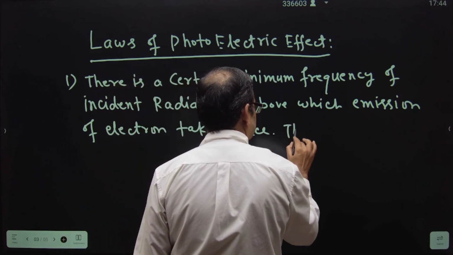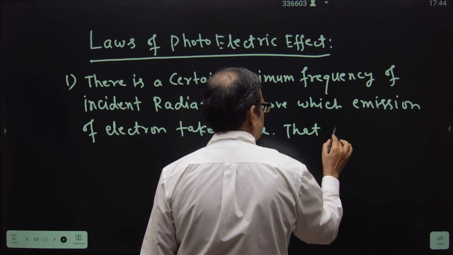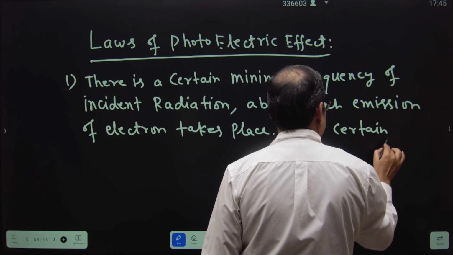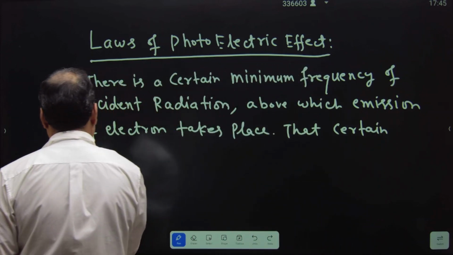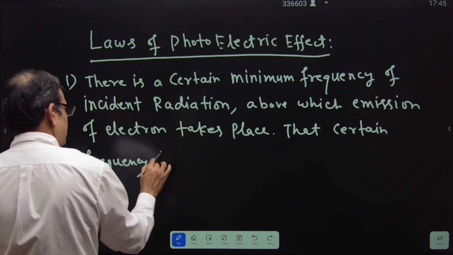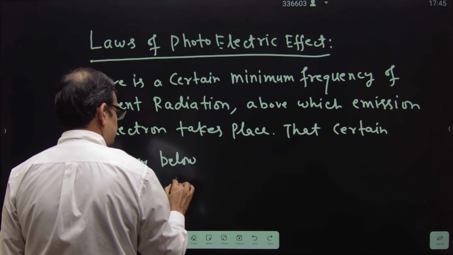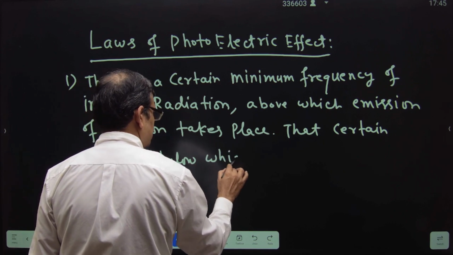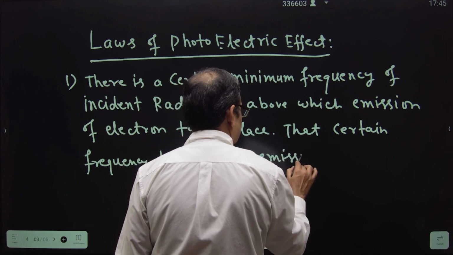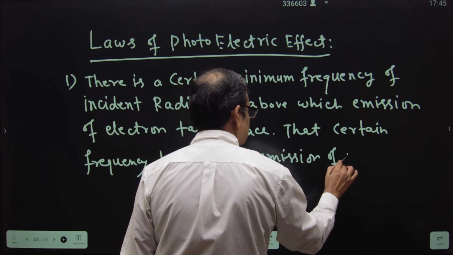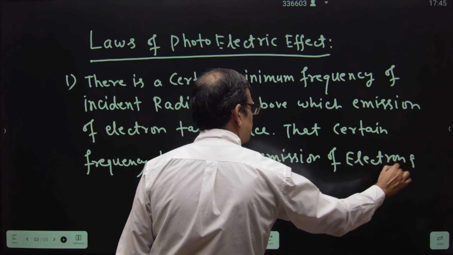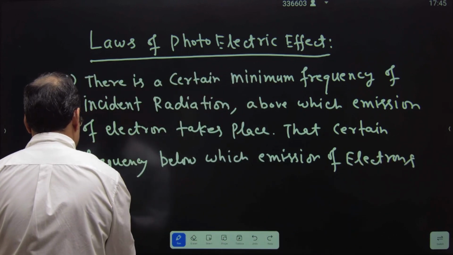That is, that certain frequency below which emission of electrons is not possible.